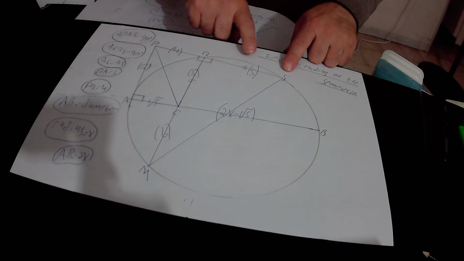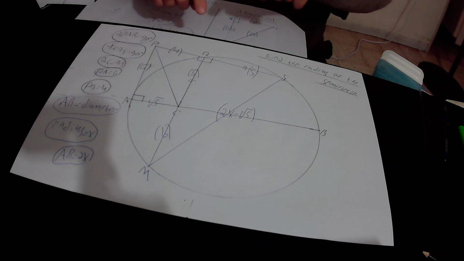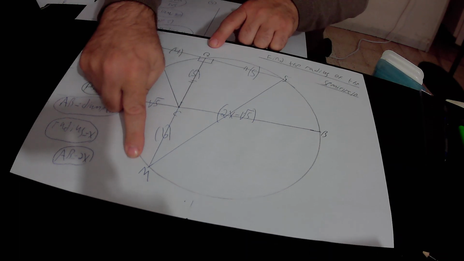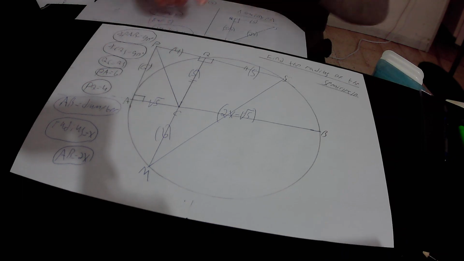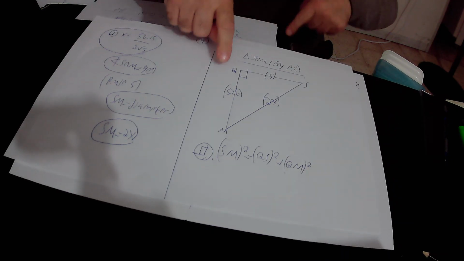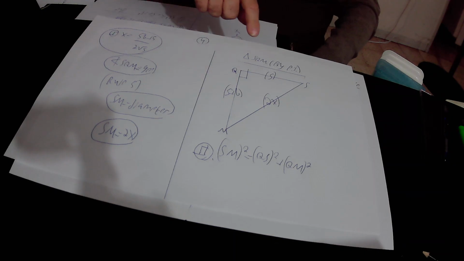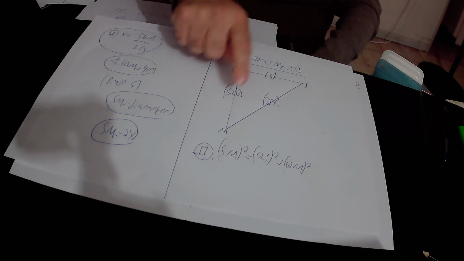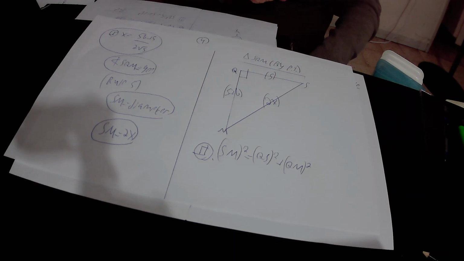Side SQ equals 5 units, and QM equals 5 plus b. Put again, SQ equals 5 and QM equals 5 plus b, and we just found out that SM equals 2x. It is the diameter of the circle.